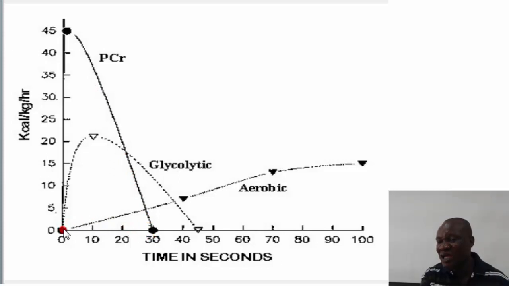The glycolytic pathway will produce energy slowly, but within a few minutes, that pathway is not sustainable. Now, cellular respiration will begin producing slowly and will produce whilst the exercise lasts. This is the source of energy.